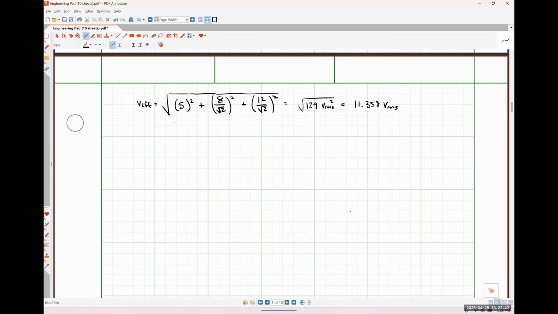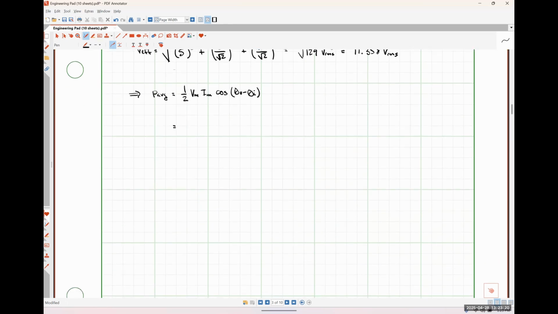Circling back around to our single phase systems, which is where the bulk of our time is going to be spent, we know that our average power can be expressed as 1/2 Vm Im cosine of theta V minus theta I. I can split that factor of 1/2 into 1 over the square root of 2 multiplied by 1 over the square root of 2, and distribute those factors.